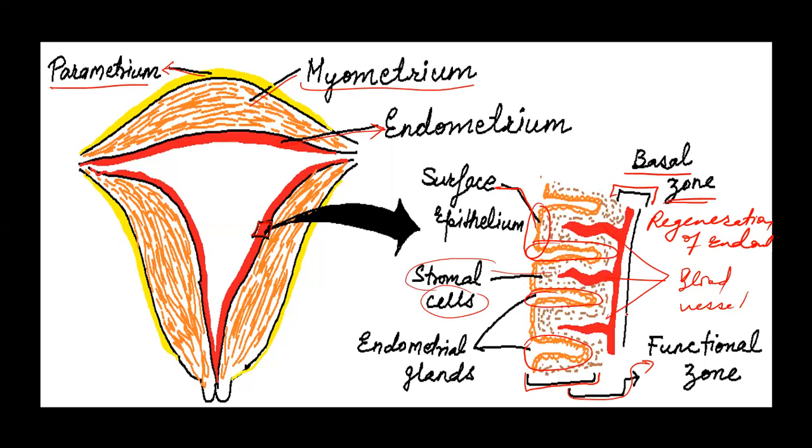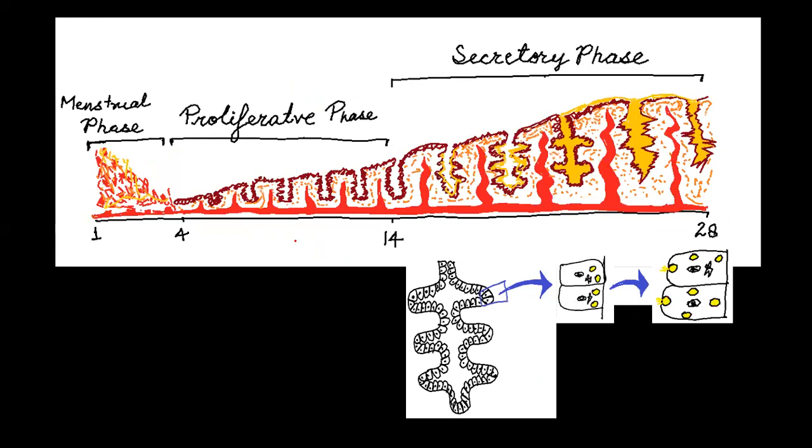So these are the components of the endometrium. Now let's see the changes in the endometrium during the endometrial cycle. During the first 4 or 5 days, you can see there is the menstrual phase, as there is shedding of the endometrium.